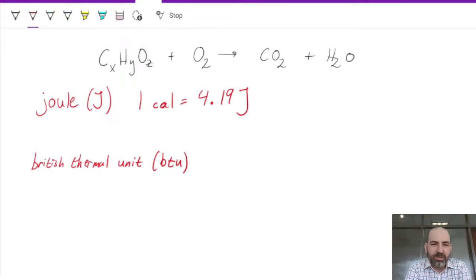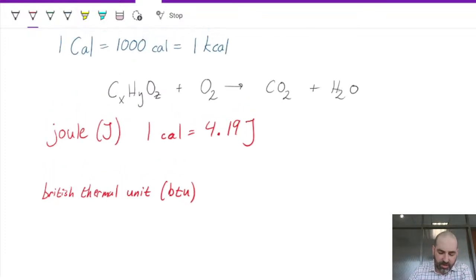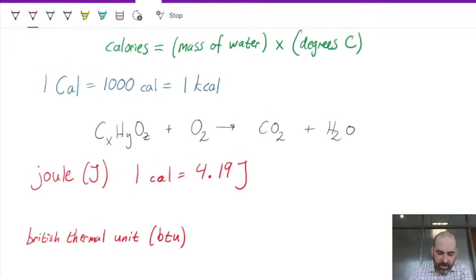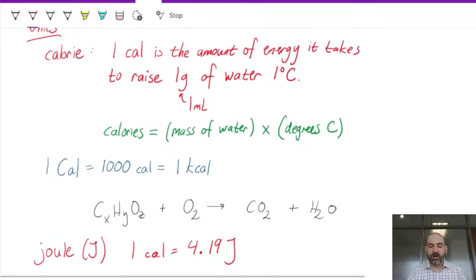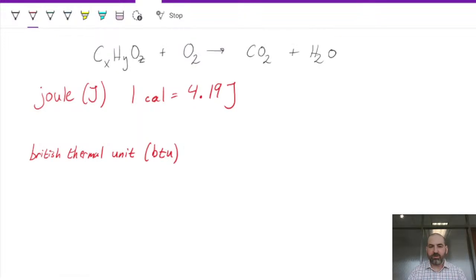Gas stoves and ovens are sometimes rated in BTUs. BTU is actually comparable to the calorie in that a calorie is the amount of energy it takes to raise a gram of water 1 degree C. And I think a BTU is the amount of energy it takes to raise a pound of water 1 degree F. So it's like the English or imperial units version of the calorie.